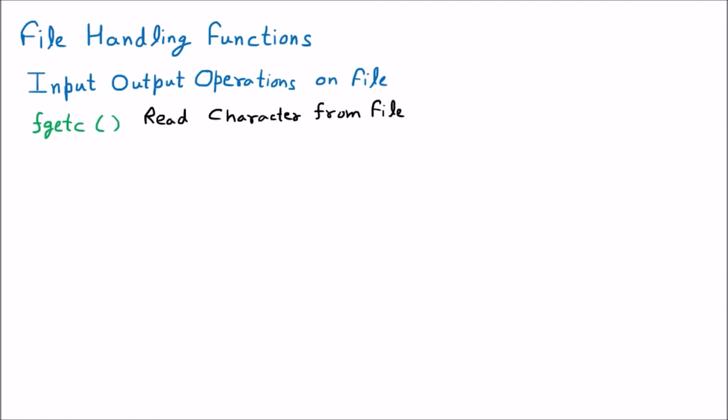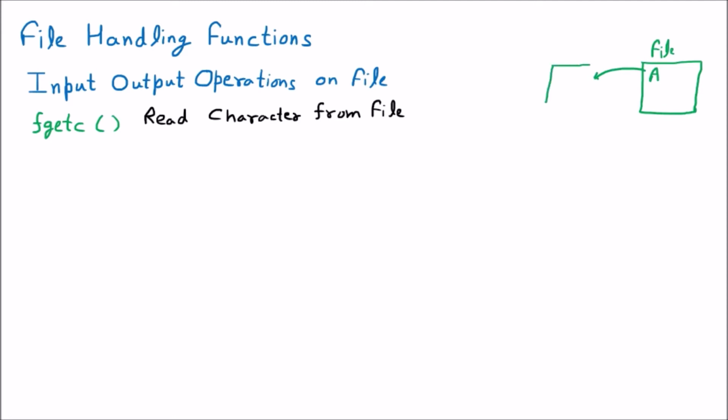Now, taking one example to make you understand, let us suppose that we have a file, and inside that file there is something written. Let us suppose A is written, an A character. You want to take it out and put it into the program, our C program.